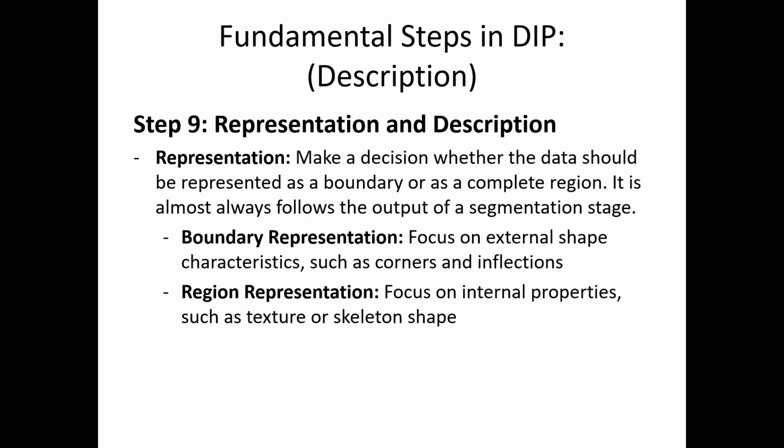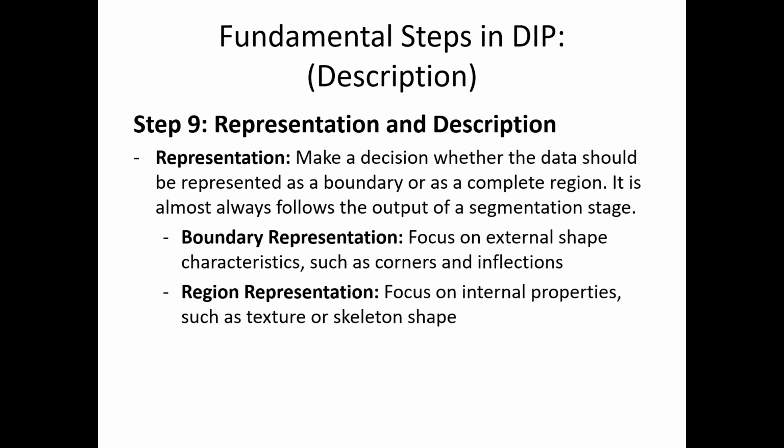If we want to represent the object, we have to find the boundary. According to the boundary representation or region representation, we can give a decision about what kind of object is there.